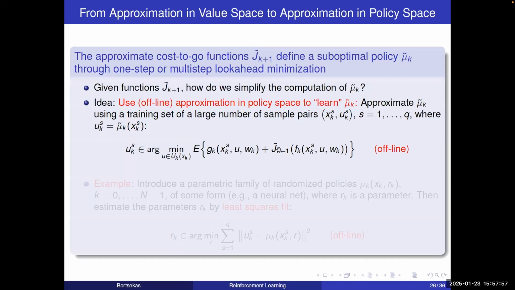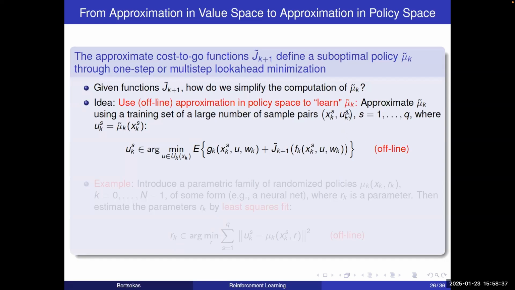If we want to directly use it in real-time calculation, we need to carry out this minimization calculation, which may be too much. What we can do is just collect a lot of states, x_k's, whereby for each x_k, we calculate this minimization, one-step look-ahead. Since it's offline, we can afford better calculation of expectation and precise minimization here in order to find what the control is.